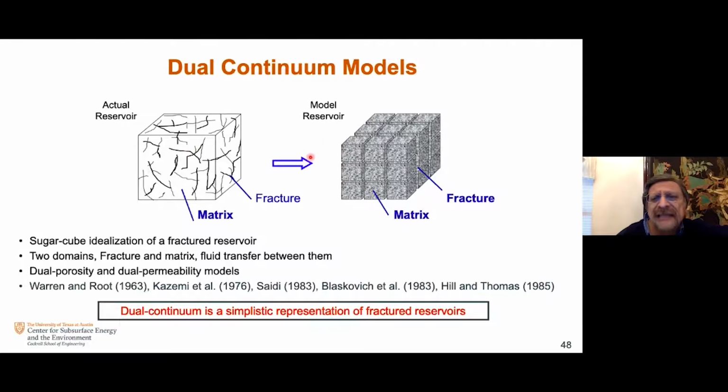Some of these models go back a long time ago, showing the matrix as a sugar cube, with the fractures in between, and then there is a transfer function between matrix and fracture, and the assumption is that the oil or whatever is being produced is produced from the fractures.